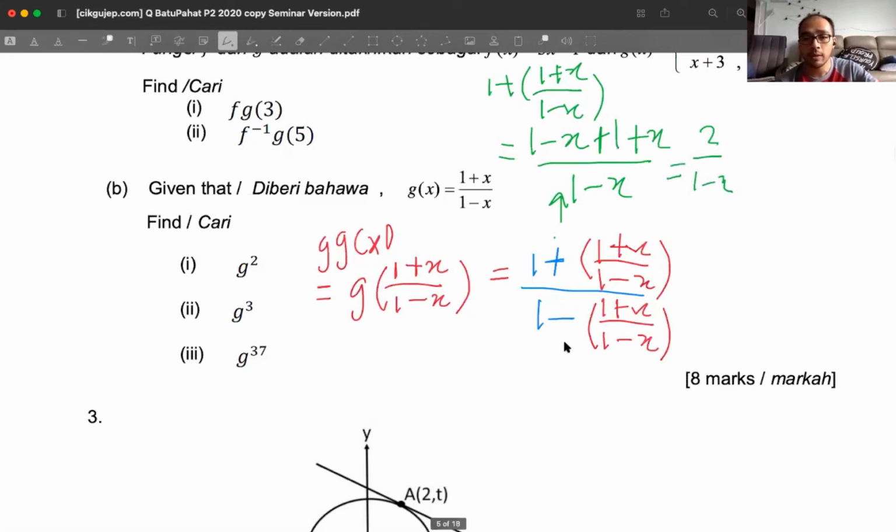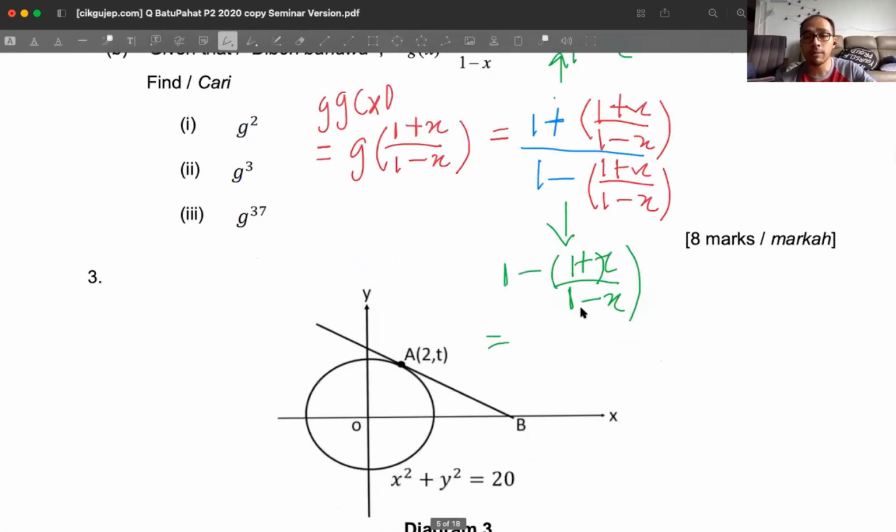Now the bottom: 1 minus 1 plus x over 1 minus x. Sorry, my annotator is not working well today. Combine the bottom again, so over 1 minus x, then 1 minus x minus 1 minus x, because there's a minus in front.